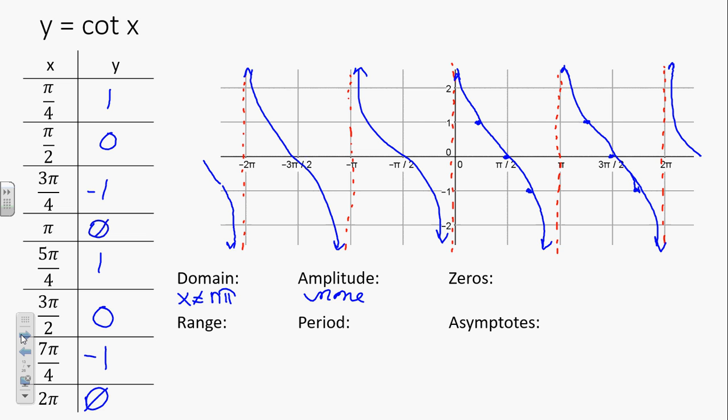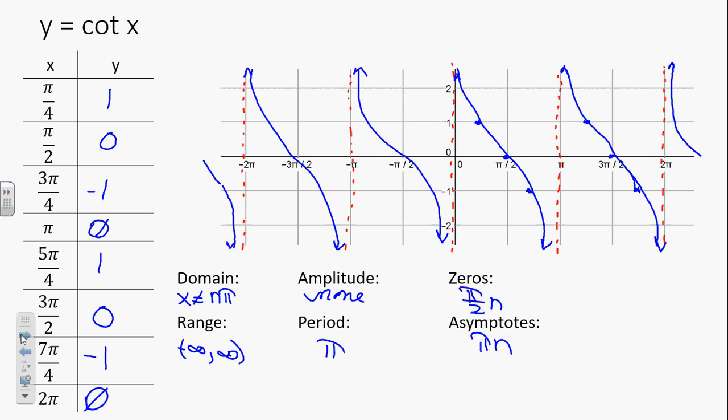These are zeros. Pi over 2. Yep, pi over 2 n. Pi over 2, negative pi over 2, 3 pi over 2, negative 3 pi over 2. Range. All reals. Period. Just plain old pi, just like tangent, right? Those two are the oddballs. Asymptotes. Pi n.